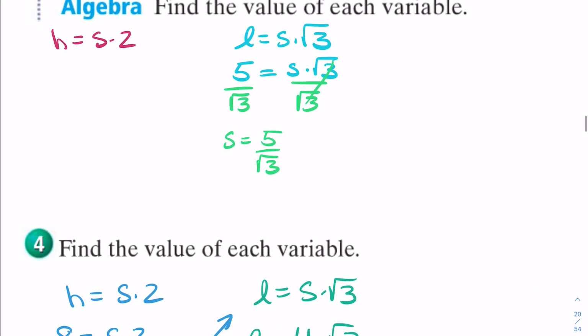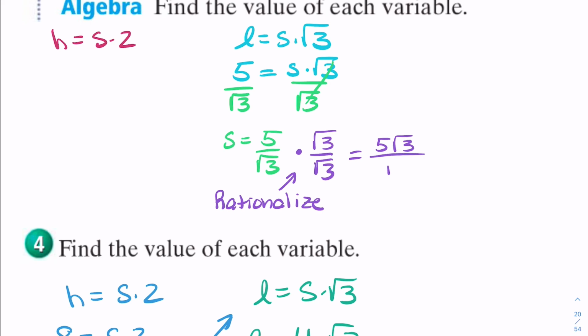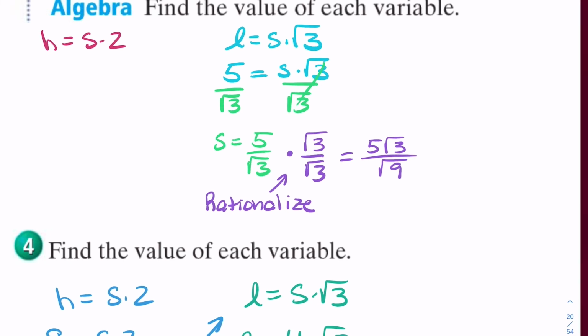But this is not good enough. We need to rationalize. So we're going to multiply it by the square root of 3 over the square root of 3, which is going to give me 5 square root of 3 over the square root of 9. Again, I could have made 3 anything.